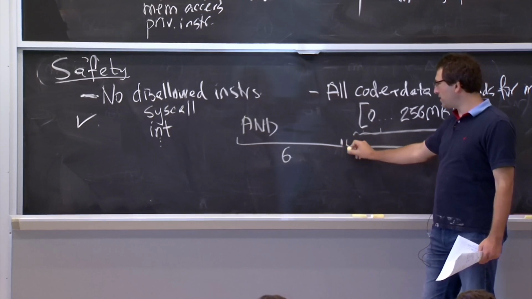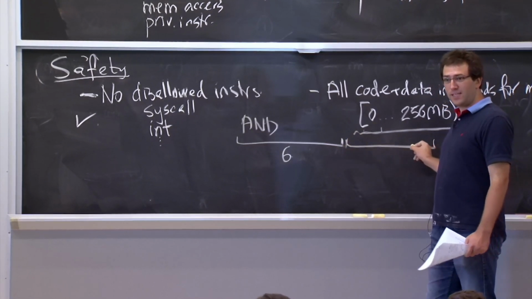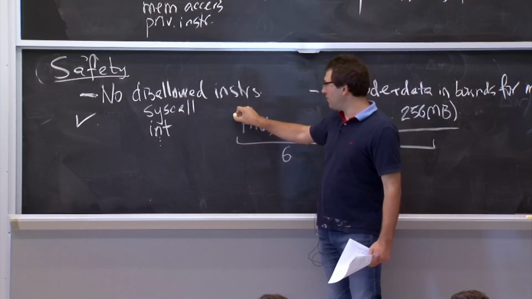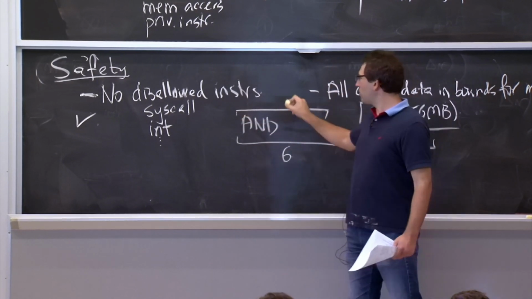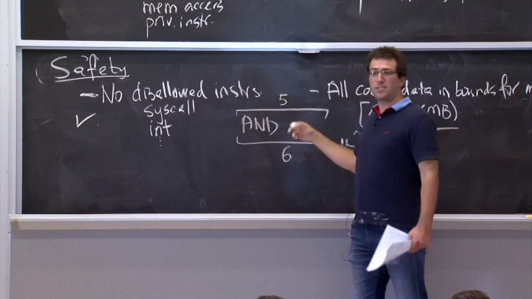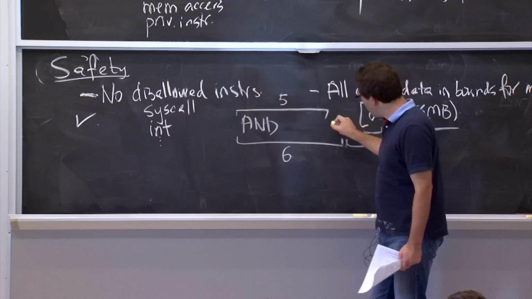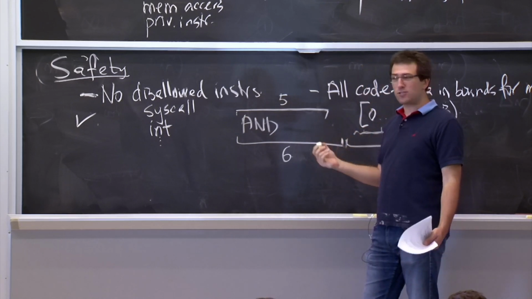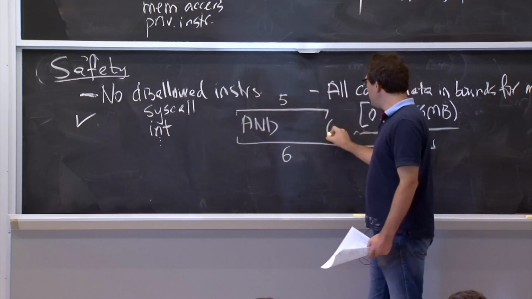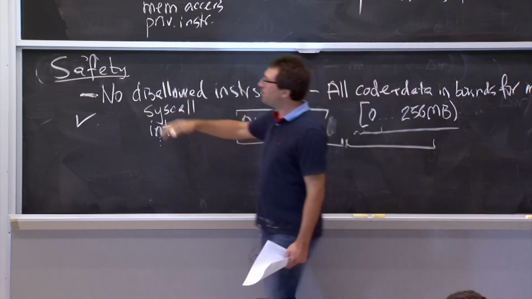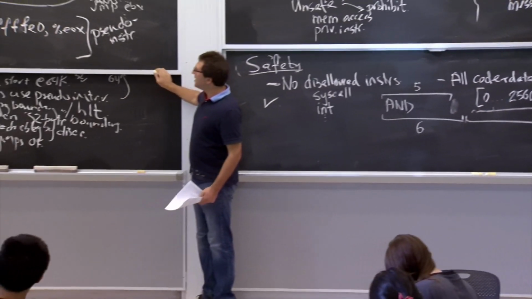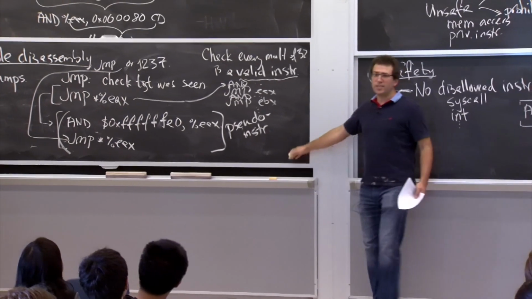And we just have to make sure that whatever is 6 bytes later looks like a valid instruction. But the CPU itself, when it runs this code, is going to maybe only look 5 bytes from the AND, because that's the real length of the instruction. So if we can use this extra byte to stick a syscall instruction, then we could be in business. So if we stick that, remember from that example above, on x86, 0xCD is how you make an int instruction.